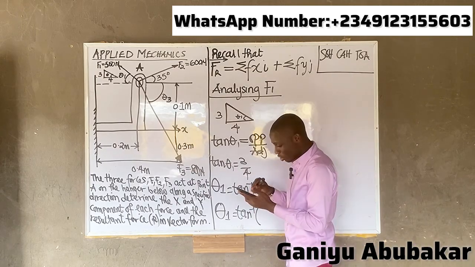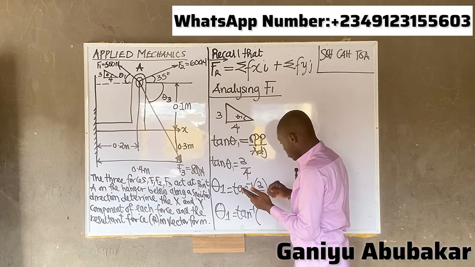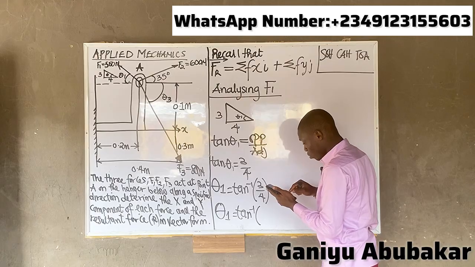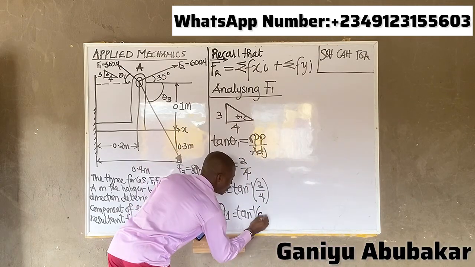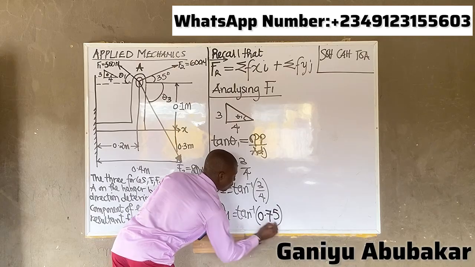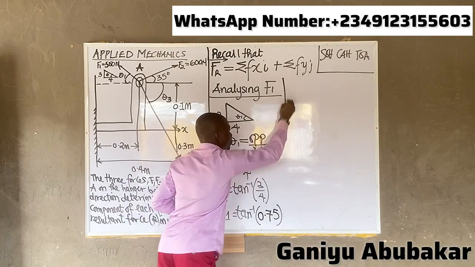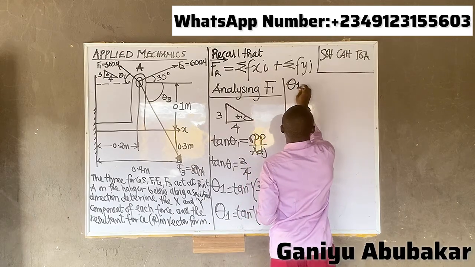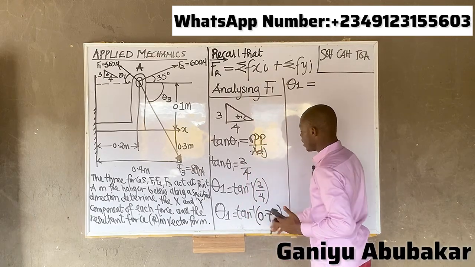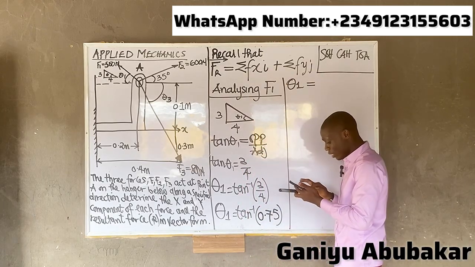Let me just try to punch it out. From here, divide 3 by 4. 3 divided by 4 gives 0.75. All right, let's get theta 1. Theta 1 will be equal to tan inverse of this value. Let's see what we'll get.